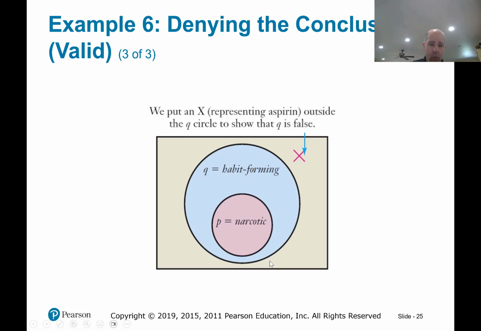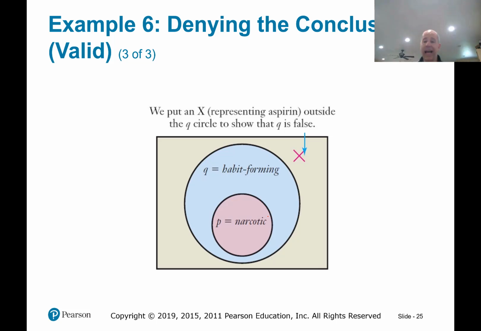So again, we've got a circle that represents all of the narcotics, and that is a subset of all of the substances that are habit forming. There are obviously things out there that are substances that are habit forming that are not narcotics. Caffeine, nicotine, right? Now, premise 2 is saying that aspirin is not habit forming.